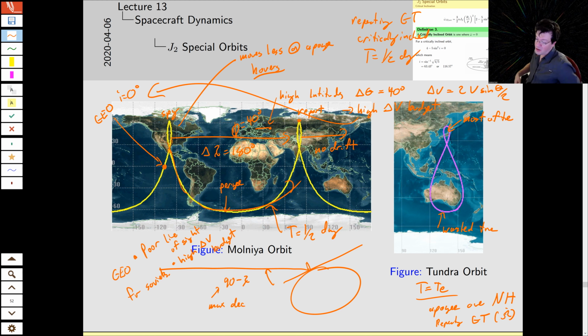Not a great deal because they tend to be high altitude and not as great an effect. So you get these teardrop shapes. This is periapsis. This is apoapsis. The tundra orbit versus the Molniya orbit. Two cases of where you want critically inclined orbits.